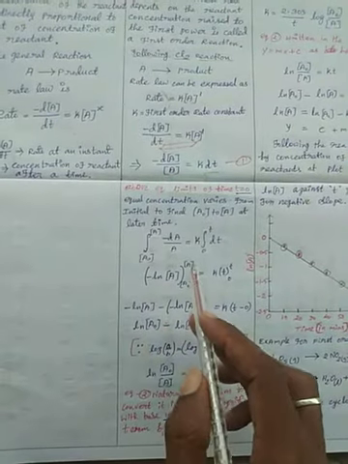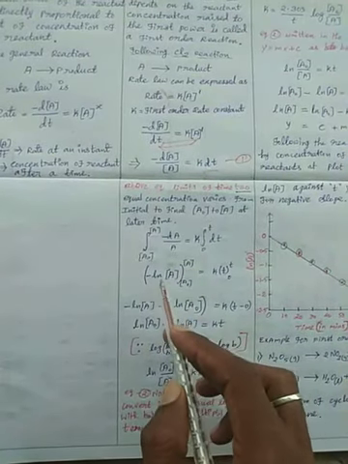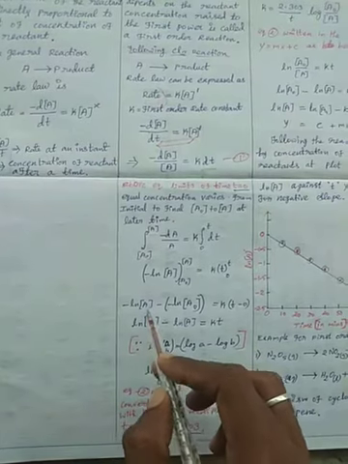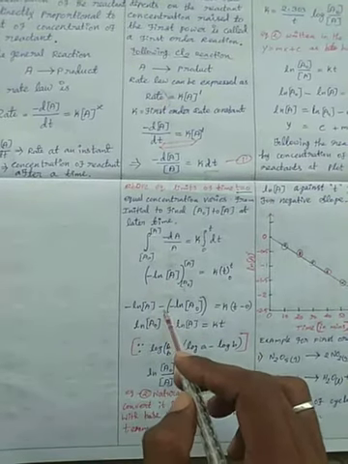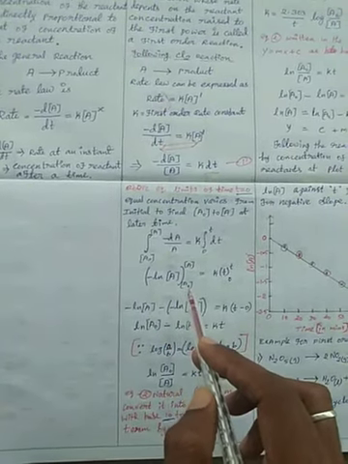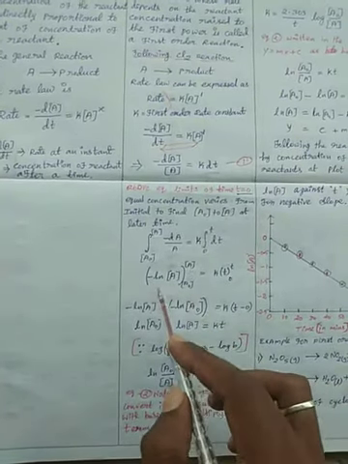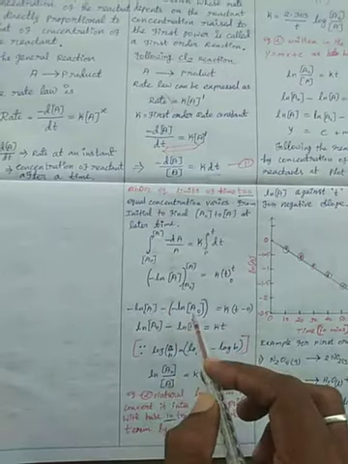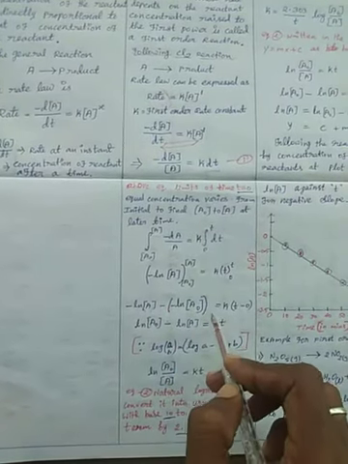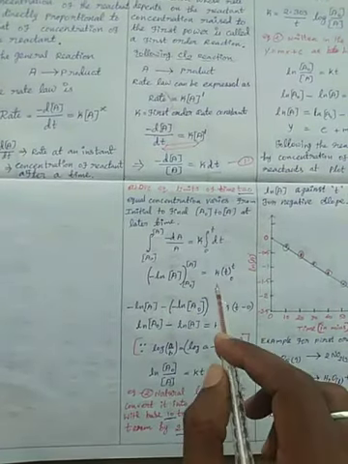So this gives minus ln A from lower limit A0 to upper limit A equal to k t, with t from 0 to t. Minus ln A, applying first the upper limit and next the lower limit, equal to k t.